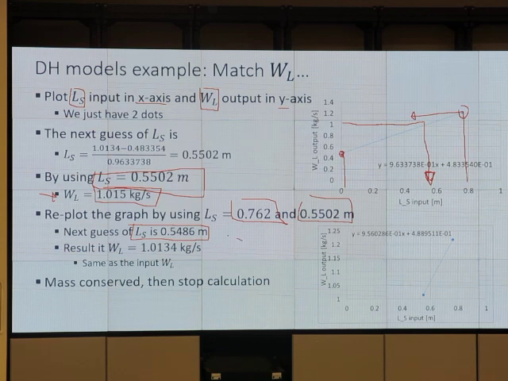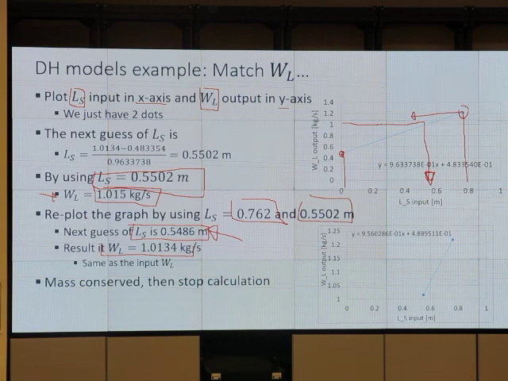From that, I get it matched, the same result as the input WL. So in this case, we adjust LS until we have mass balance.